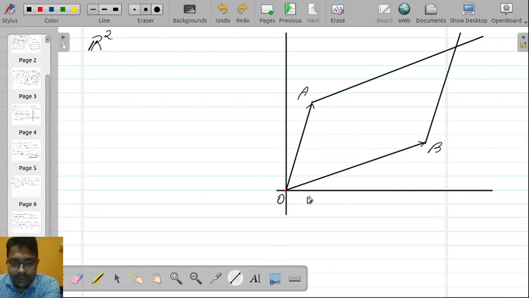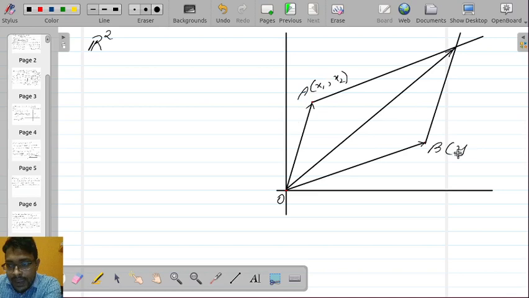Then the diagonal that we get is the sum of these two vectors. That was the system, if you remember. Now let me give it coordinates: A is x1, x2, and B is y1, y2.